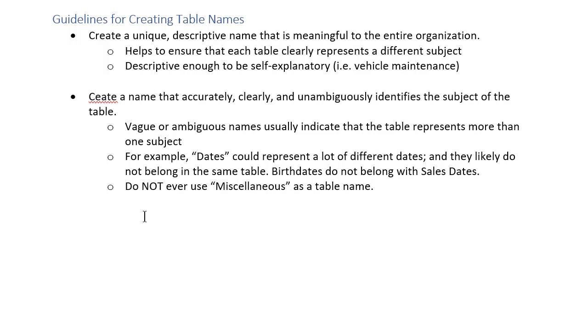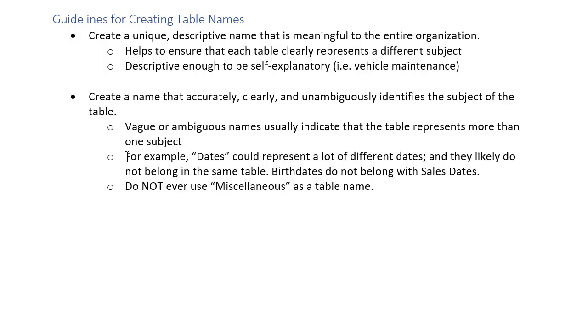So to create those names, you want to make sure that they're unambiguous and they really identify the subject of the table. If the name is vague and ambiguous, it usually implies that the table represents more than one subject, which is something you don't want to do.